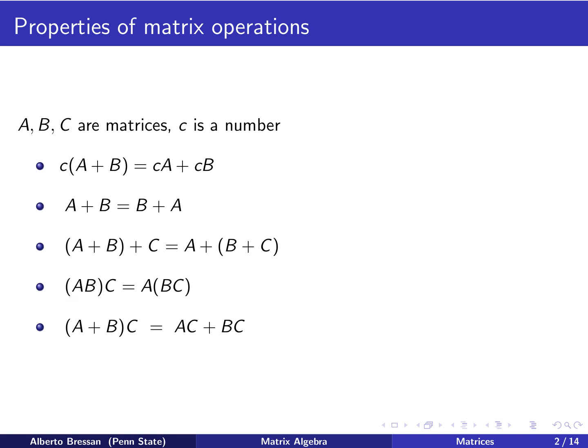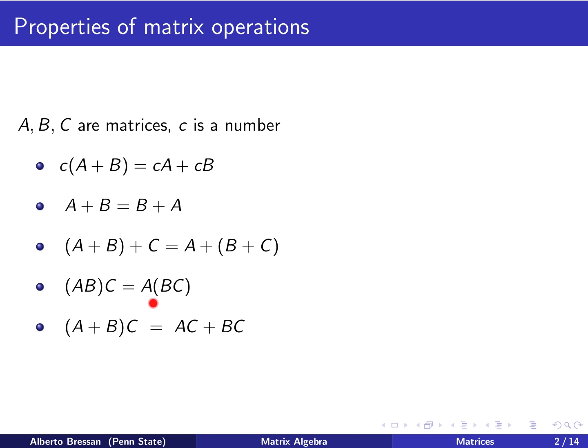Assuming A, B, and C are of the proper size so that these multiplications can be carried out, if I do A times B, in that order, A on the left and B on the right, and multiply by C on the right, it's the same as, note that the order A, B, C must remain the same, doing B times C first and then multiplying A on the left.